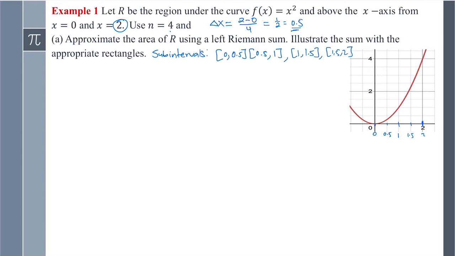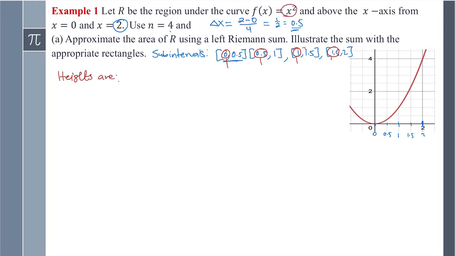So for the rectangles, we are going to take the left endpoint as the height. So we are going to find the height at this one, this one, and this one. So those 4 points are going to determine the heights of the rectangles. So the heights are f of 0.